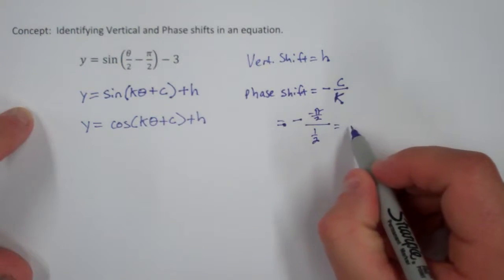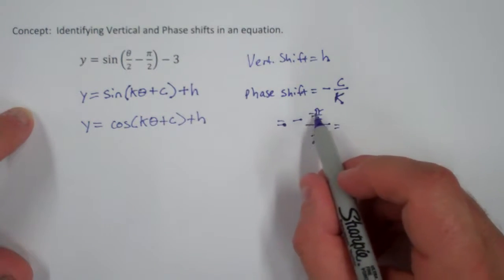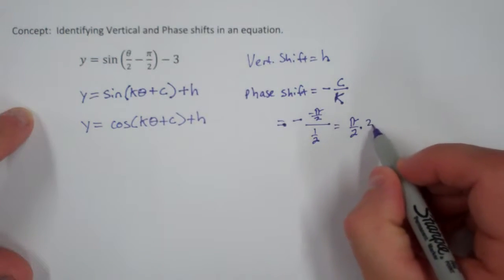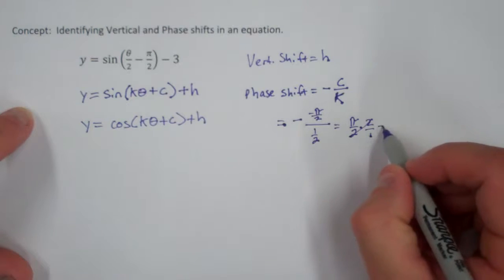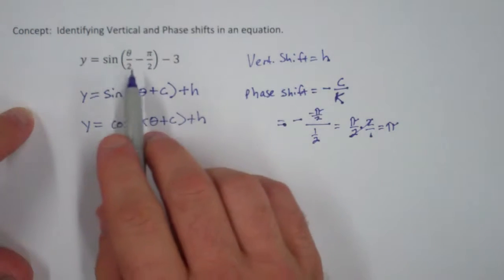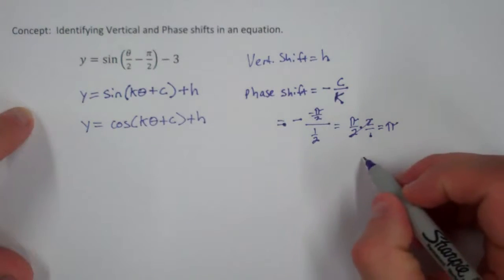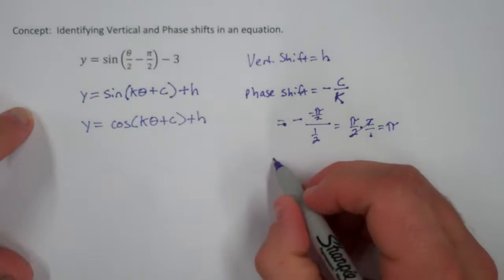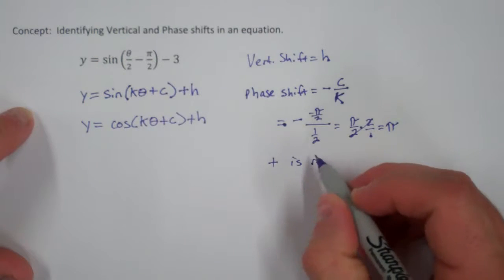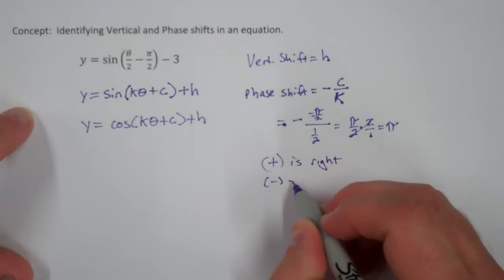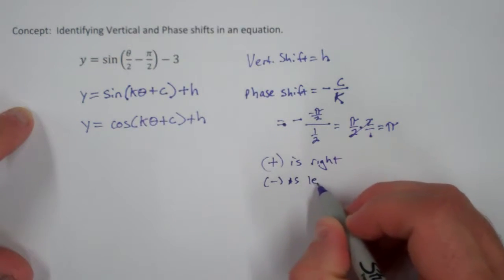Remember that we're going to multiply by the reciprocal, and a negative times a negative is a positive. So we've got pi over 2 times 2 over 1. So the phase shift for this particular equation, this particular graph, is pi. And when it's positive, it means right. So positive is right, and negative is left.